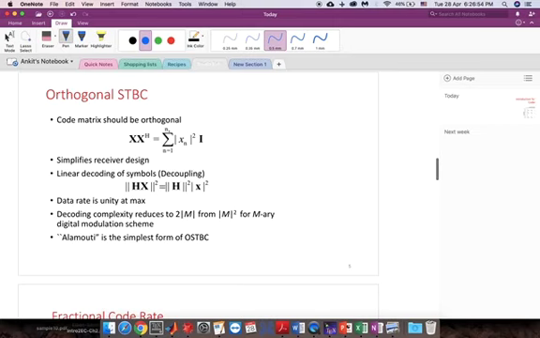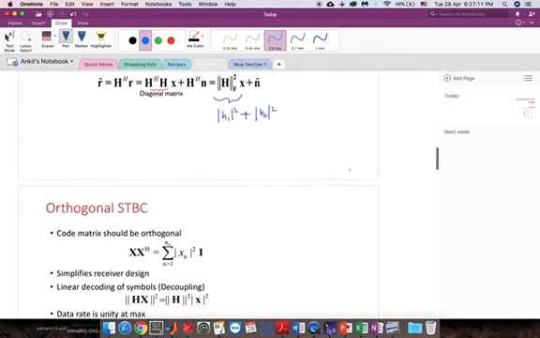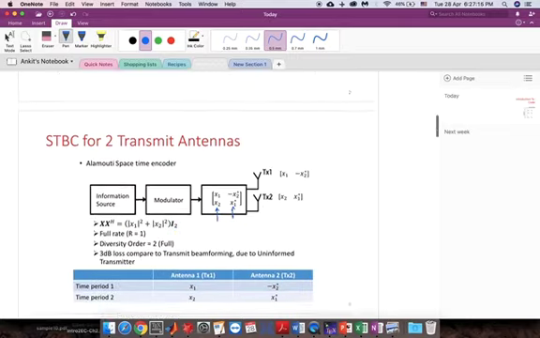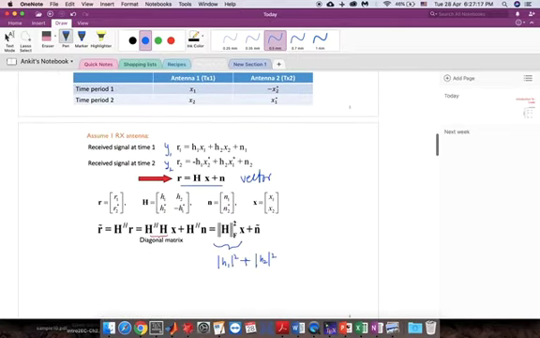As I told you, this is for the decoding complexity for Alamouti. You can say that it reduces from m raised to the power nt to O of 2m. You can re-verify it with your analysis about the number of cases.